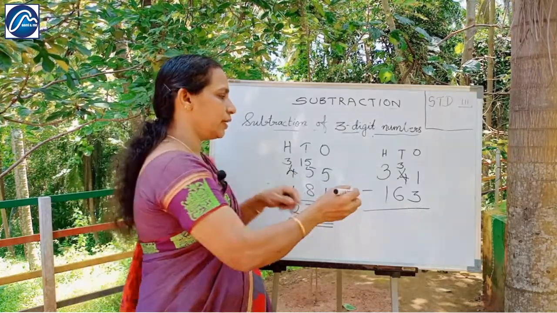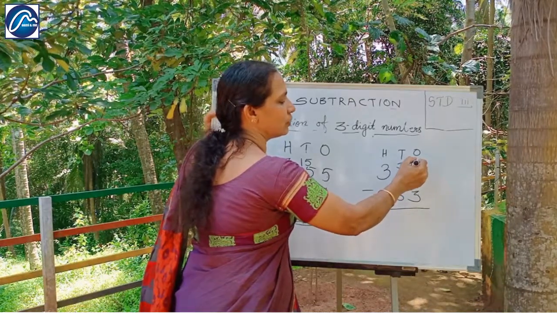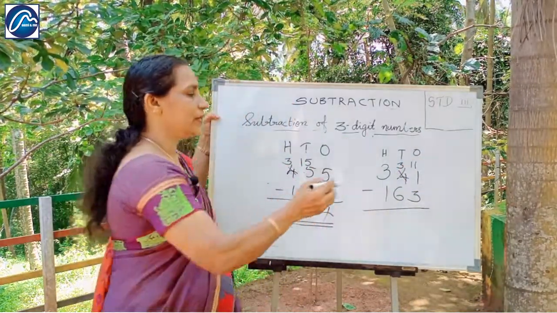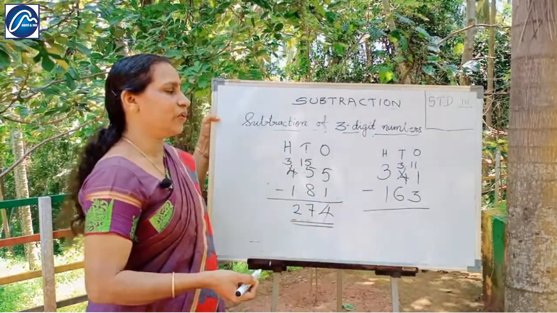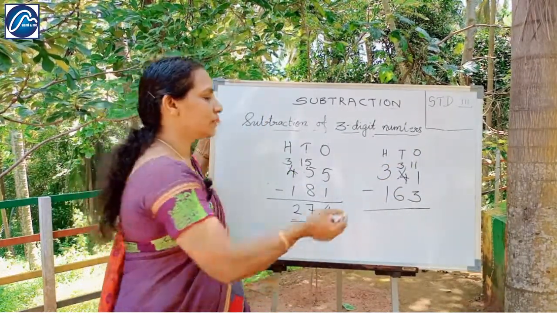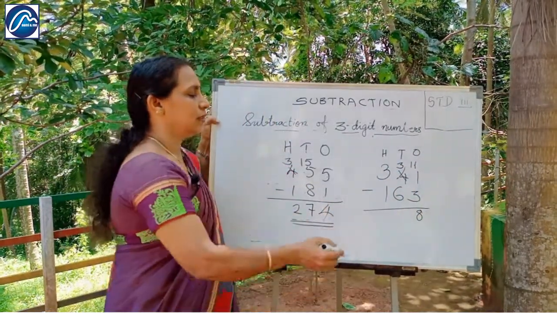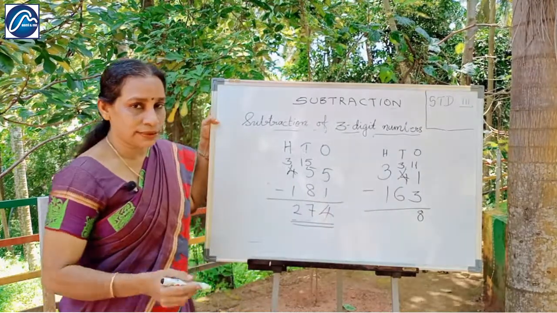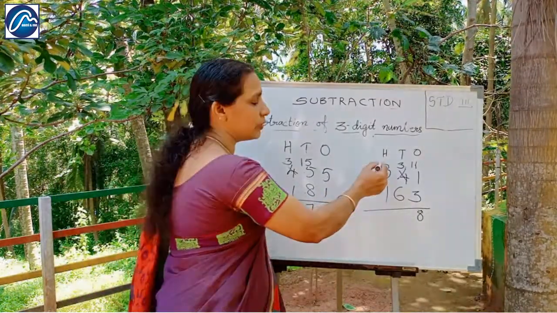So 1 ten and 1 one, so it is 11 ones. 11 minus 3, 8. Can you subtract 6 from 3? No. So what will we do?